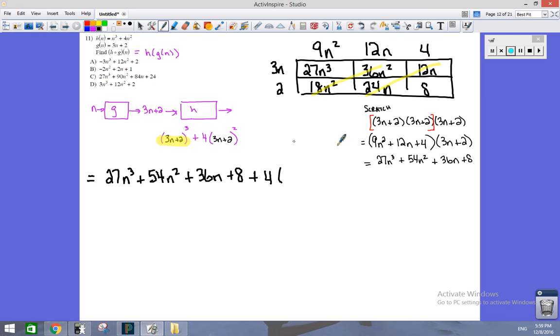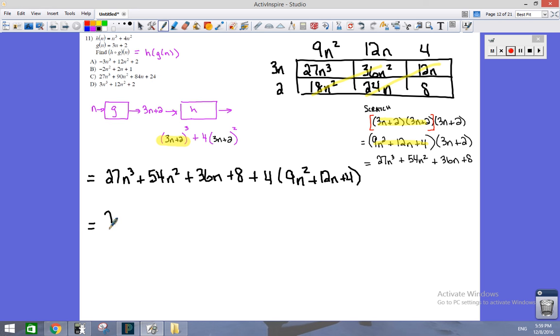When I squared it, I found what it was right here, when I took 3n plus 2 times another 3n plus 2. There's that square. So that's the second one. Thankfully I don't have any more work to do. I can use the work that I've already done for the cubed for this squared part.